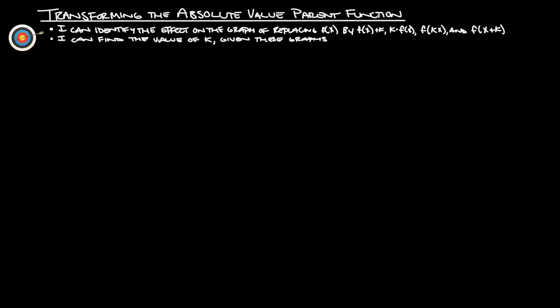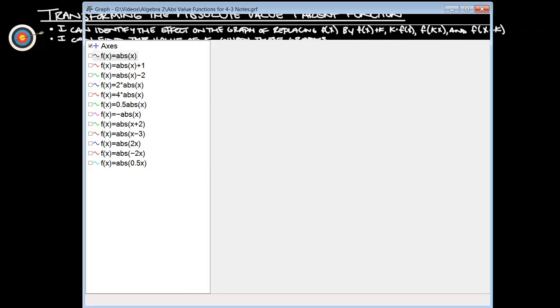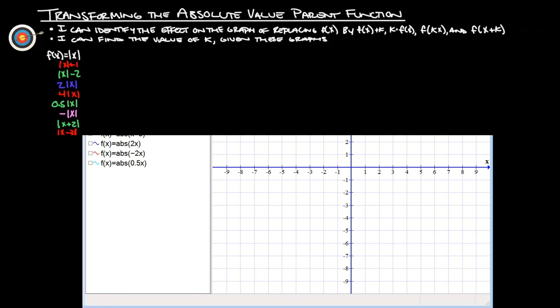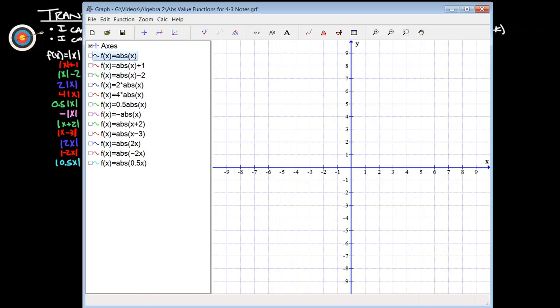Okay, let's do this. I'm going to pull this up. We're going to look at a bunch of different graphs here. This is a funky notation I had to put on my graphing program to show you, but what you want to look at is this stuff over here.